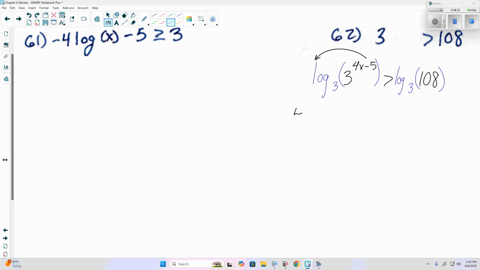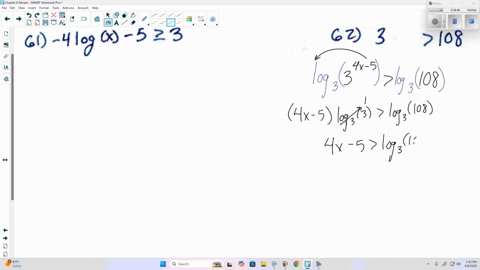The variable comes out of the exponent, times 4x minus 5 times log base 3 of 3 is greater than log base 3 of 108. Again, just like before, log base 3 of 3 is 1, and 1 times our 4x minus 5 is just 4x minus 5.